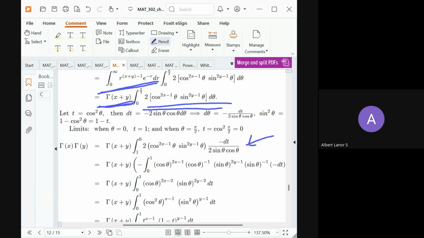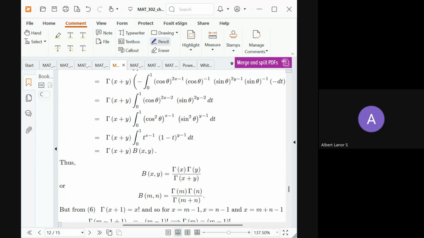Now, this would also reduce to the beta function, so that after you've taken the cos squared theta out, you know that cos squared theta is t, and sine squared theta is 1 minus t. And this function here is the beta function of x, y.